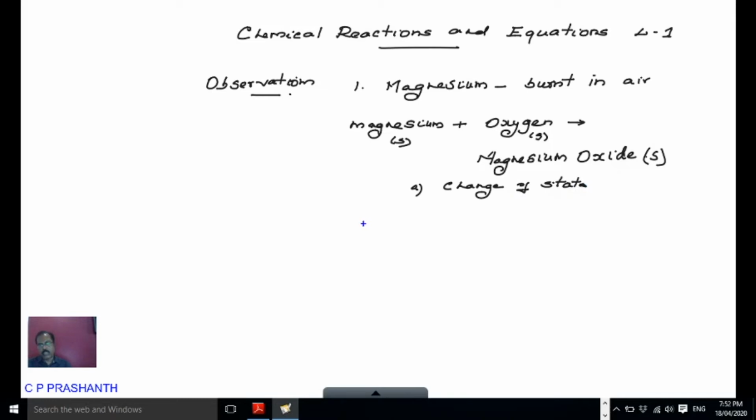Now, apart from this, there are no other changes, like there is no evolution of gas, neither is there a major change in the color. So let us discuss the second reaction now. In the second reaction, we had lead nitrate reacting with potassium iodide, and both these solutions are colorless, as you have observed.